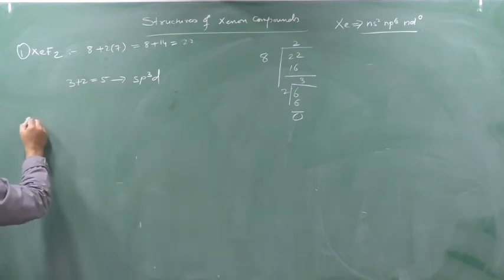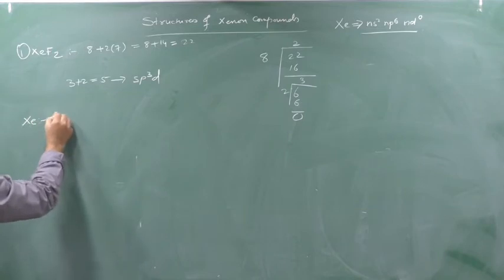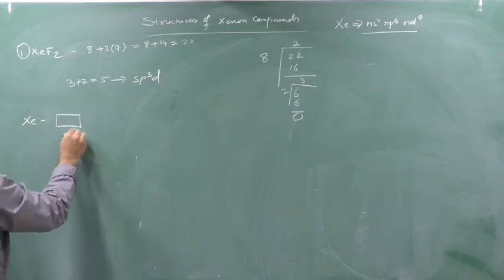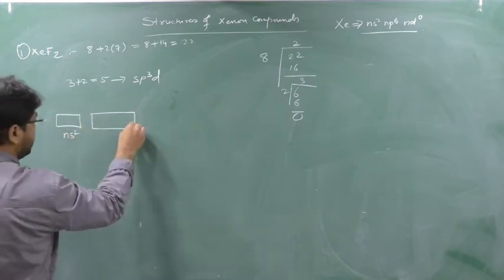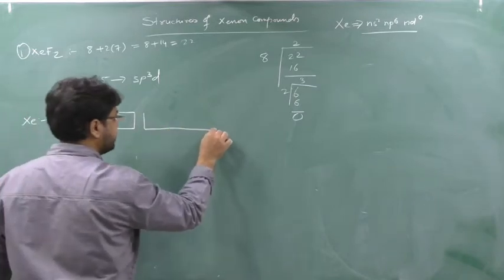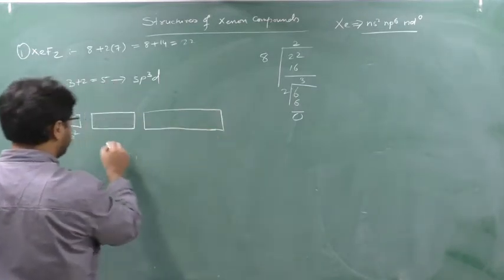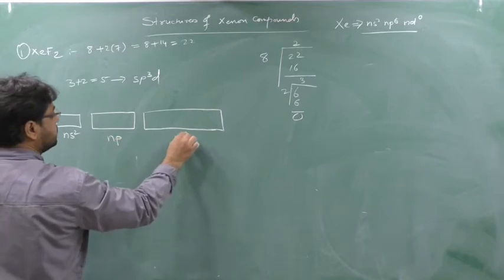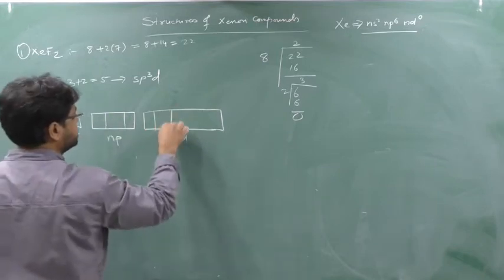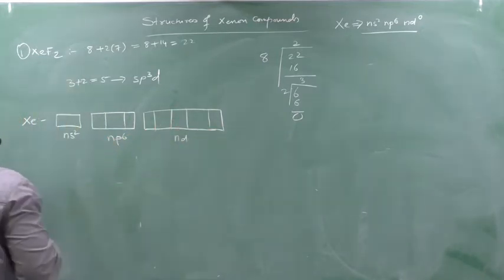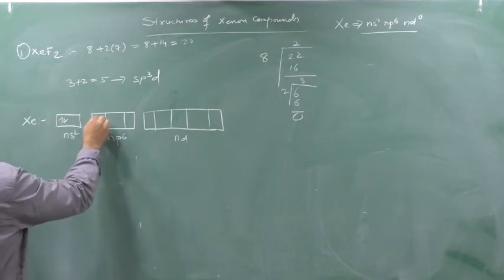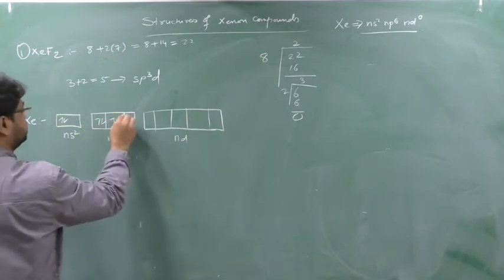See here, this is Xe, with ns2, this is np, and this is nd. Here np6, so here 2 will come, here 6 will come.